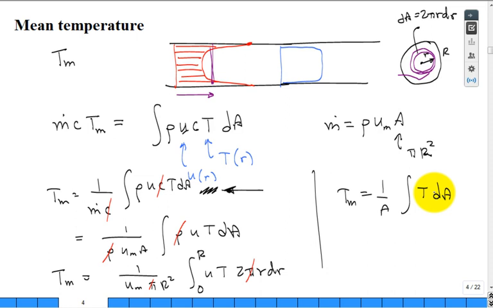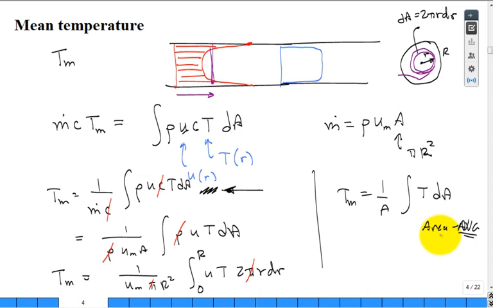So this would be only an area average. Oh, it would give you a decent number, but it wouldn't be correct to 3 or 4 significant digits. It would have some error in it. The mean temperature is simply not an area average.